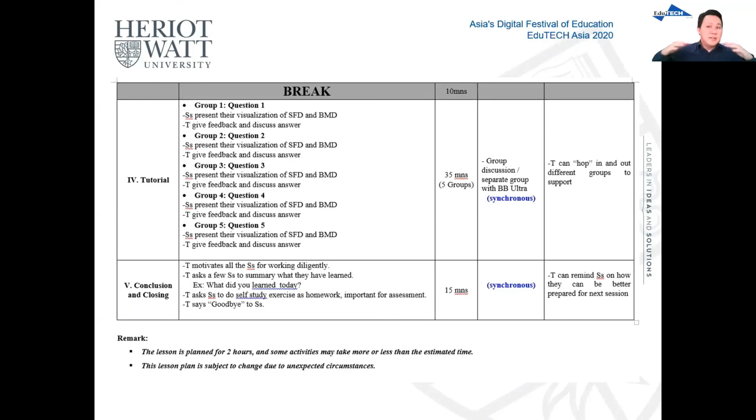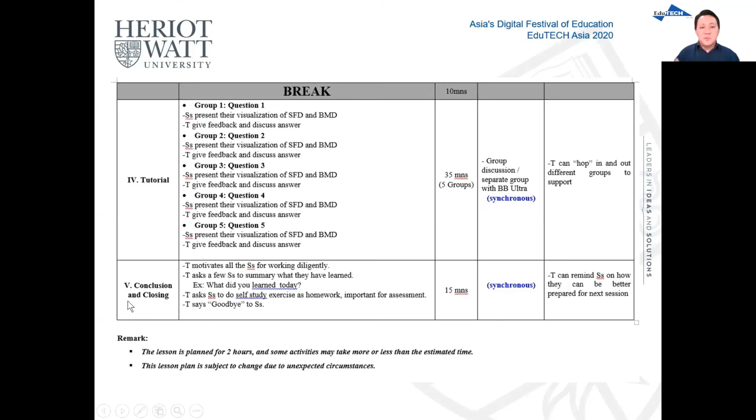Instead of learning everything from the teacher, students also learn very well from their peers. Some of the LMS also provide a function where the teacher or the moderator can hop in and out of different groups to support the learning process. So this is how we can plan for online tutorial group sessions.